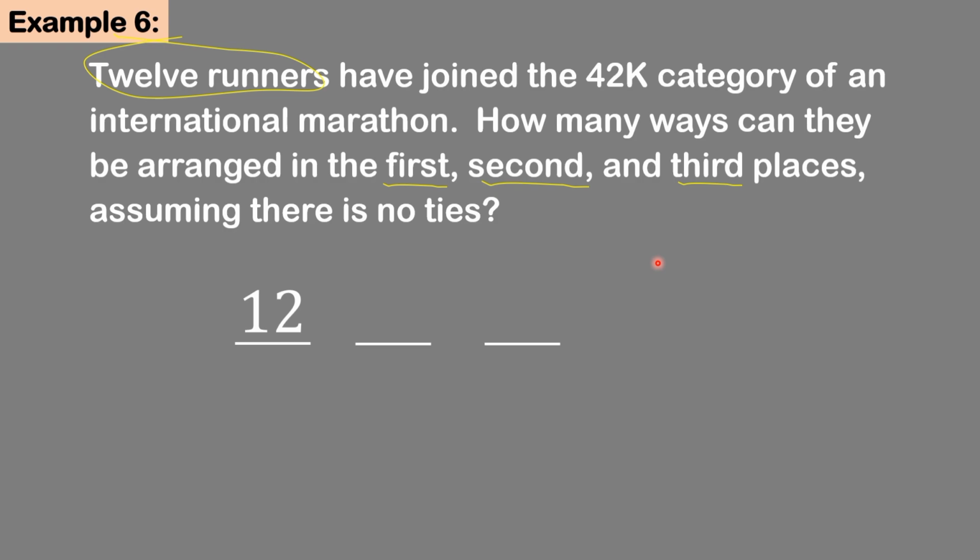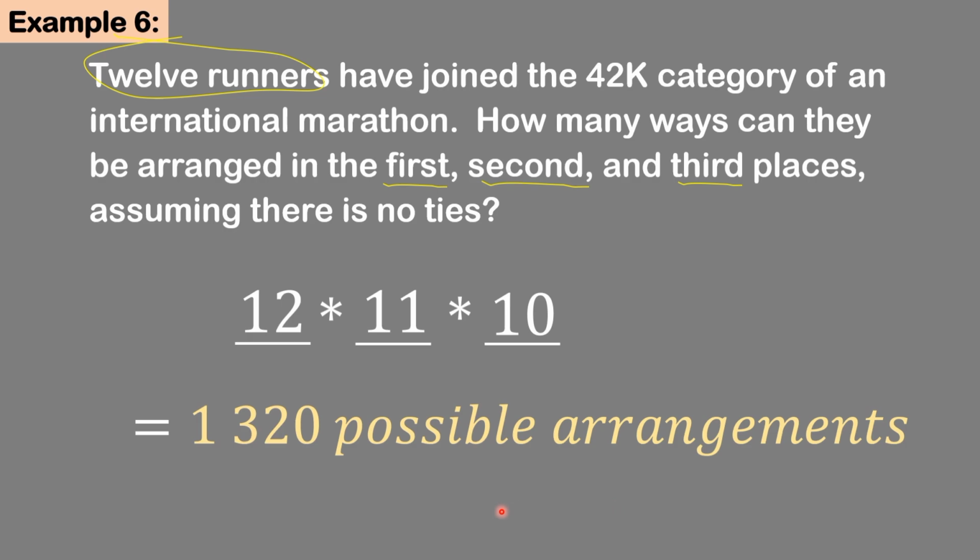For the second placer, there are 11. And then for the third placer, there are 10. Multiply. So there are 1,320 different ways to arrange the 12 runners in the first, second, and third places.